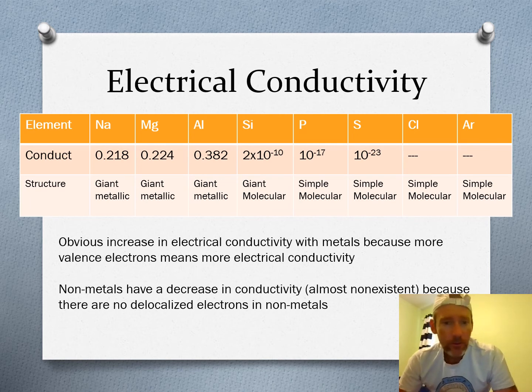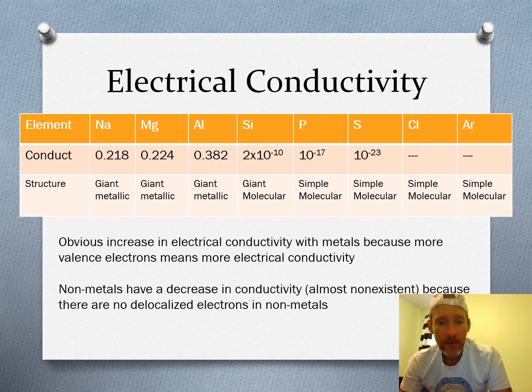Electroconductivity, this one's a no-brainer. Conductivity increases as you increase the number of electrons. So the more valence electrons you have, the higher the conductivity for metals. And then they go down from aluminum all the way down to sulfur, which is very non-conductive, and chlorine and argon are gases, so they're not conductive at all.